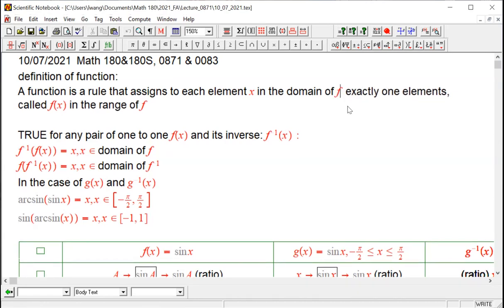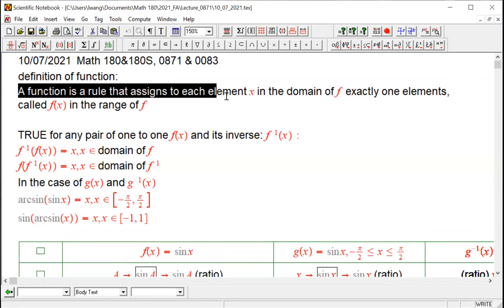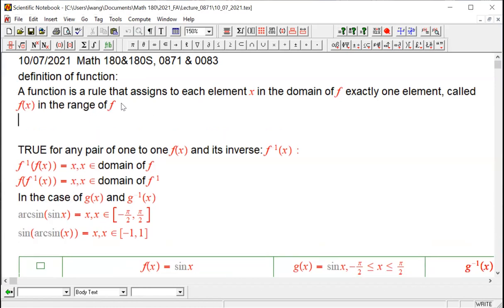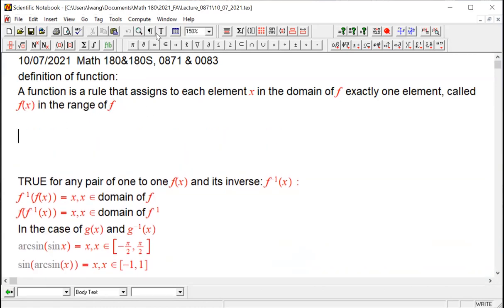When you read it this time: a function is a rule that assigns to each element x in the domain of f exactly one element called f of x. That initial setup I have given you guys.